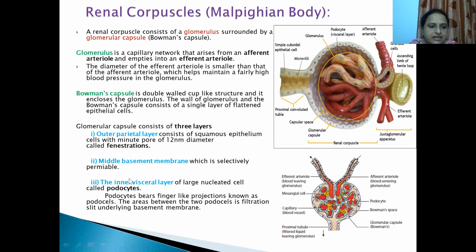And these 3 layers together combine and form the filtration membrane, which helps in the process of filtration. The filtration membrane is nothing but the capillaries of the glomerulus and the squamous epithelium of this particular Bowman's capsule. Together they form a membrane, which is called the filtration membrane.